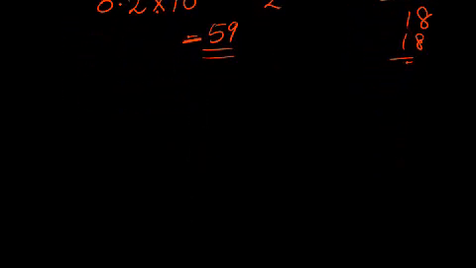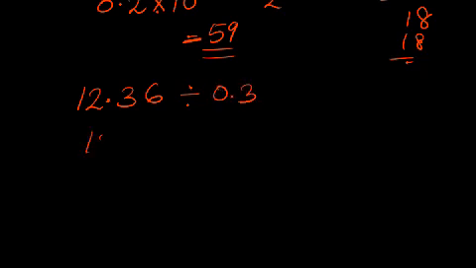Okay, next question. Suppose the question is 12.36 divided by 0.3. So we can write the question like 12.36 divided by 0.3. The divisor is a decimal, so I have to make it a whole number.